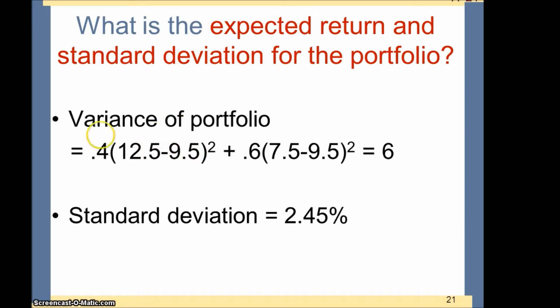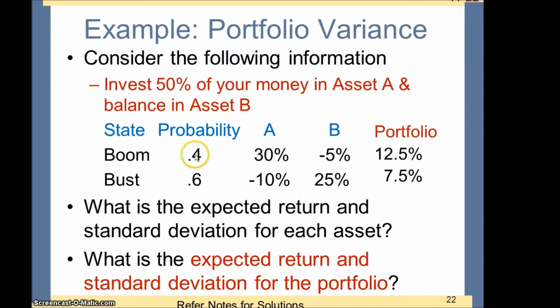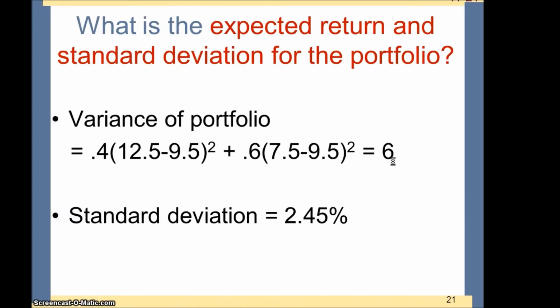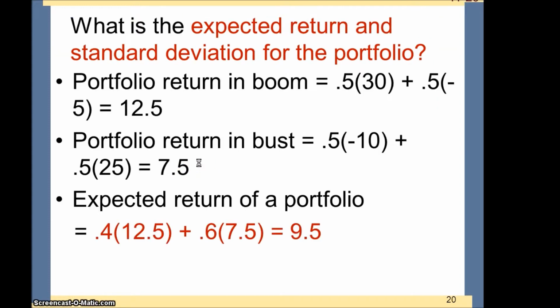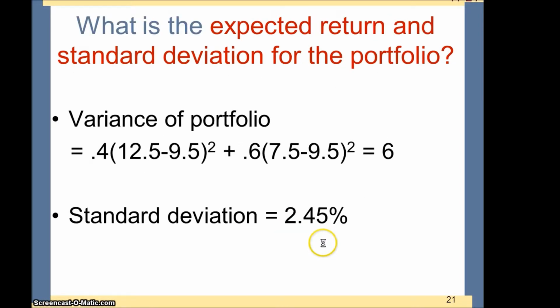Alright, probability 0.4, bracket, portfolio return in state number 1, there is 12.5%. Then minus, right, you see 0.4, 12.5% minus 9.5%. What is this 9.5%? That is the expected return of the portfolio, 9.5%, that you calculated just now.